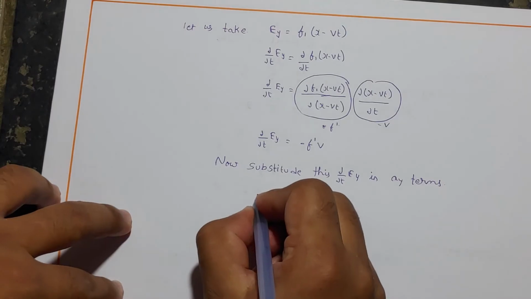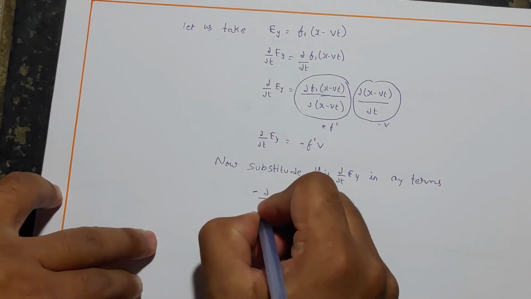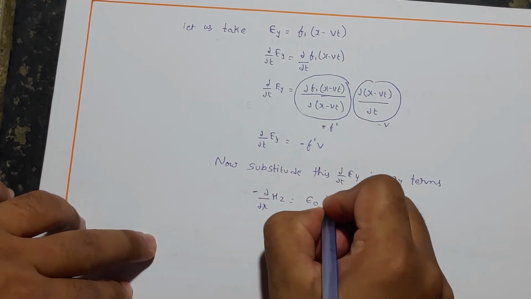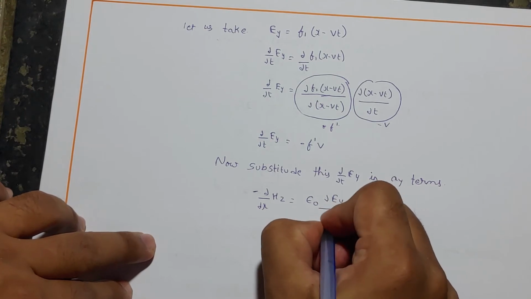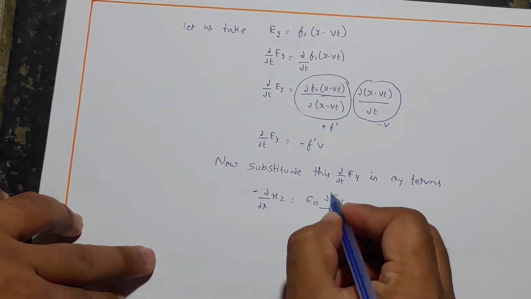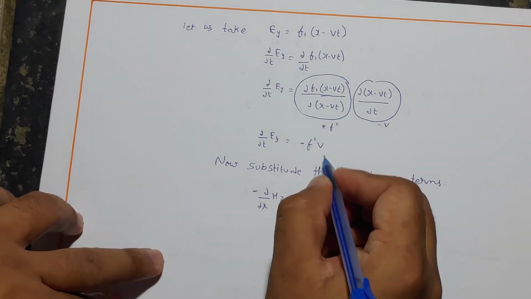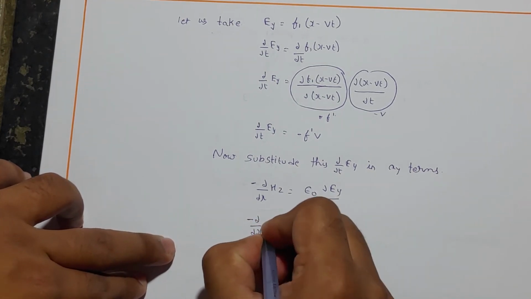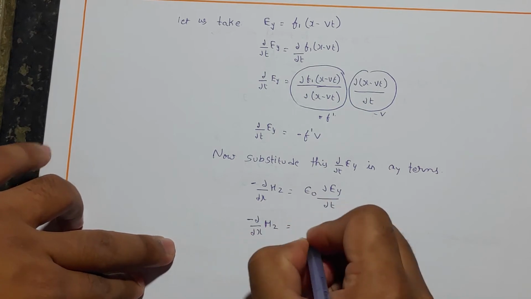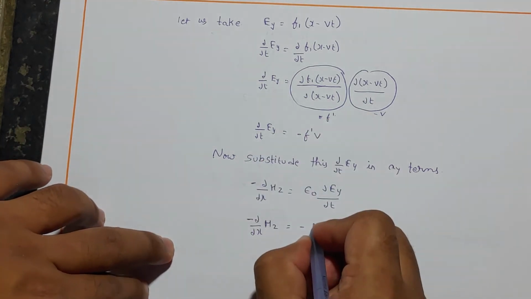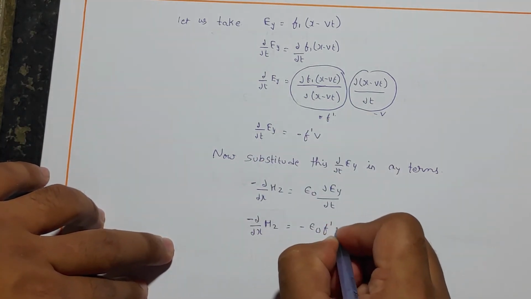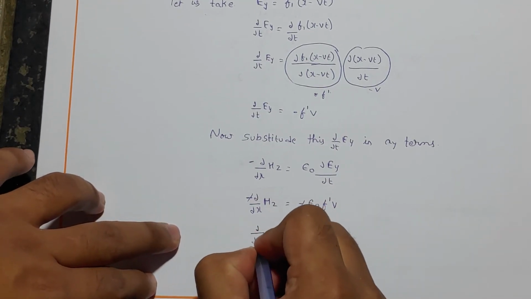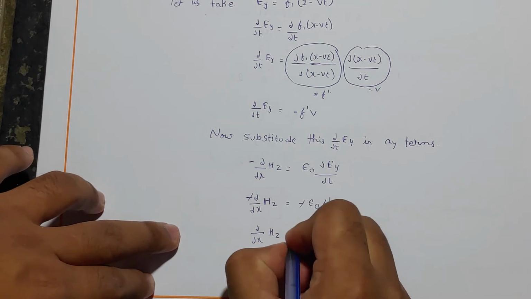That is, in the magnetic field terms, minus dou by dou x of Hz is equal to epsilon naught dou Ey by dou t, but we know that dou Ey by dou t is equal to minus f1 dash v. So dou by dou x of Hz would be equal to epsilon naught f1 dash v, minus minus would cancel.